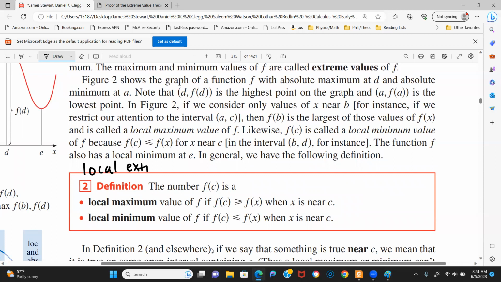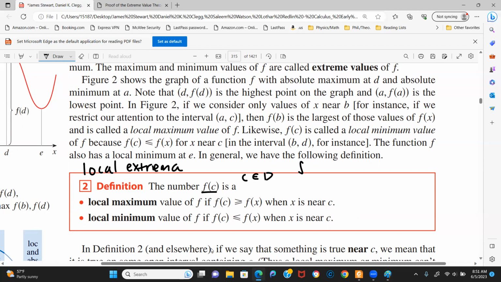So this is a local extrema. And now I'm looking at this and I'm realizing I don't like how it's phrasing this. It's being kind of vague. So you have a number f of c, where c is in the domain of f.